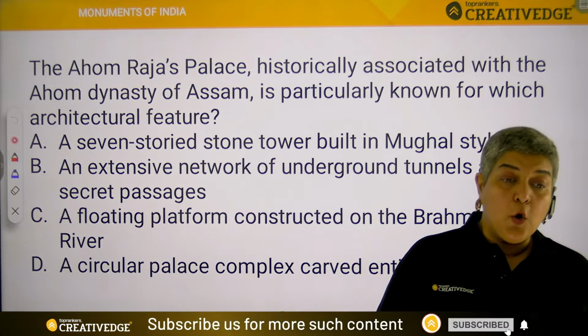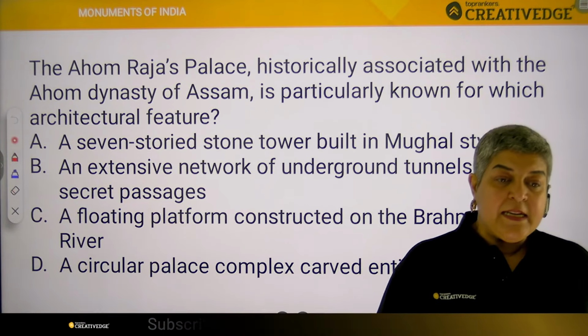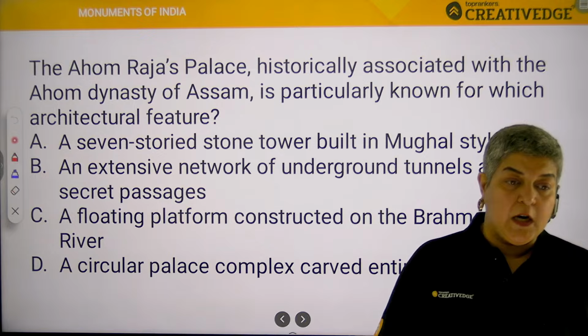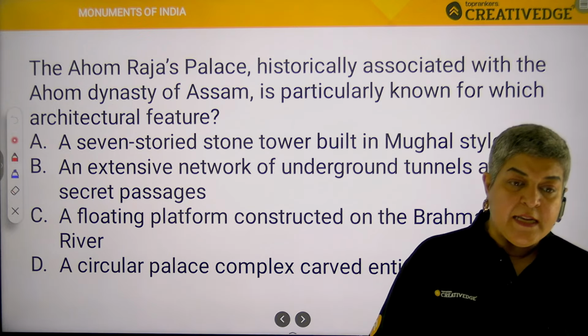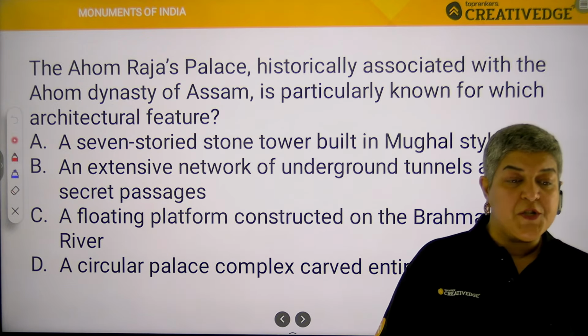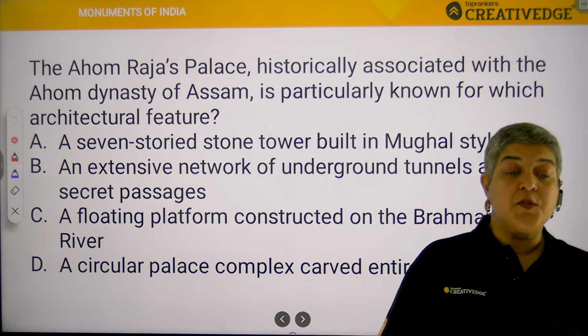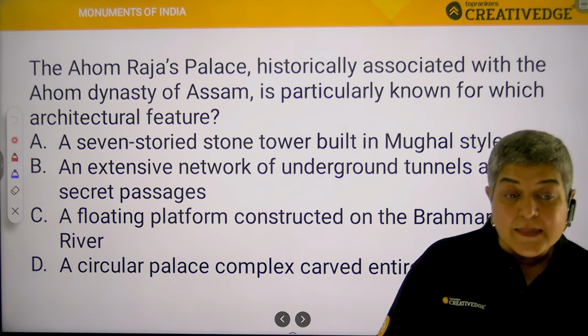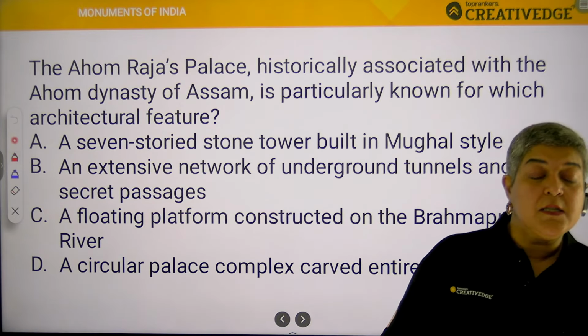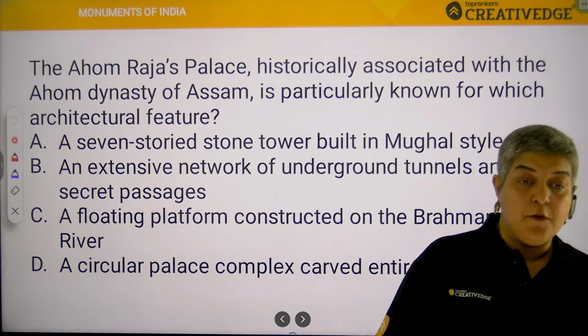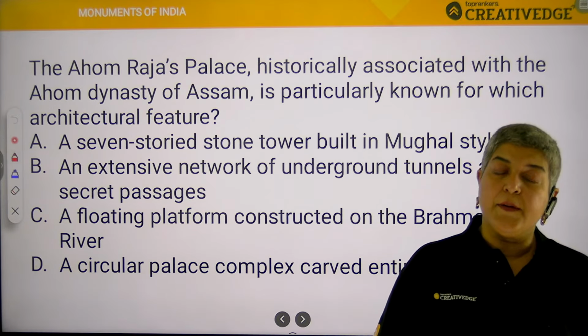The Ahom Raja's palace, historically associated with the Ahom dynasty of Assam, is particularly known for which architectural feature? Is it the seven-storied stone tower built in Mughal style? Is it an extensive network of underground tunnels and secret passages?